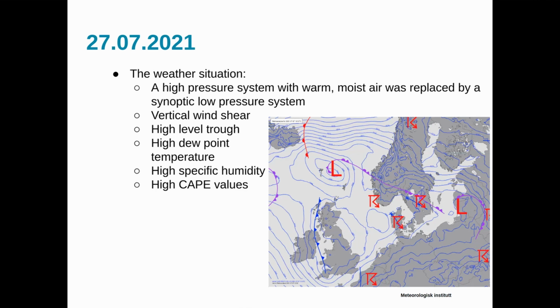There were also some factors that were beneficial for rain flood: we had a vertical wind shear and also a high level trough, quite high dew point temperature and specific humidity, and the convective available potential energy values were also quite high in this situation.